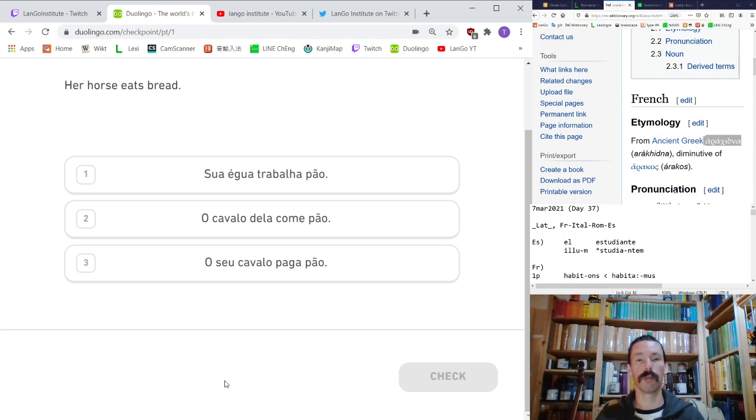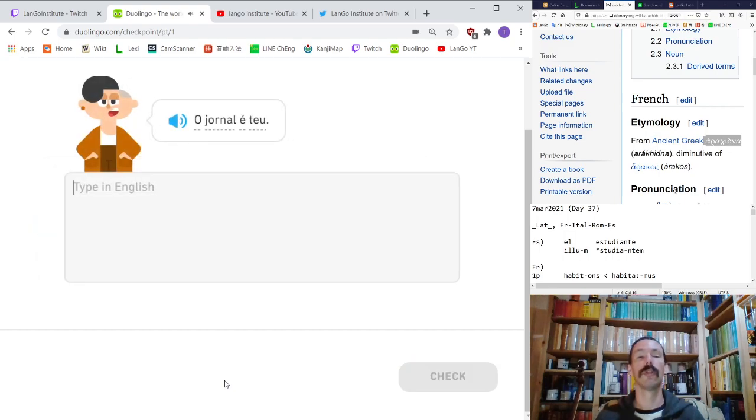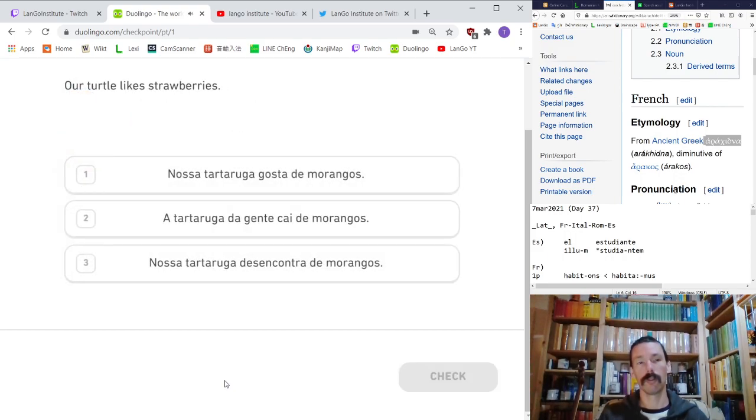Come, eats, pão. O jornal é teu. The newspaper is yours. Our turtle likes strawberries. Nossa tartaruga gosta de morangos.